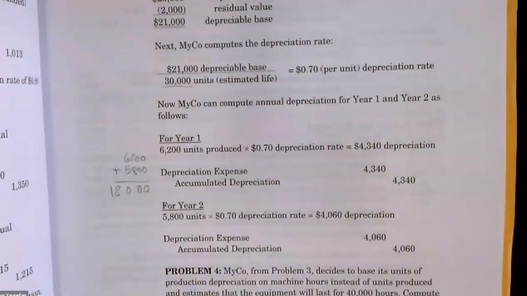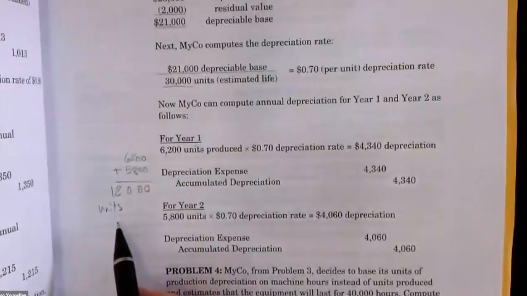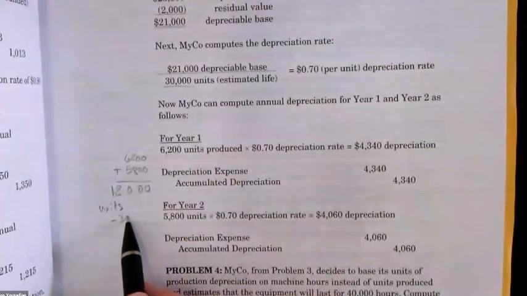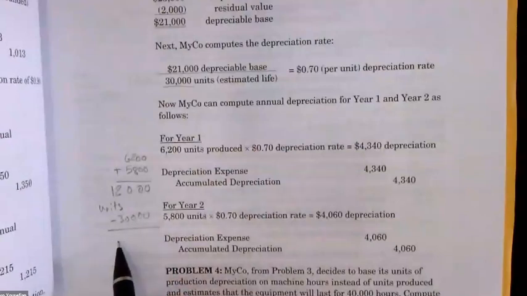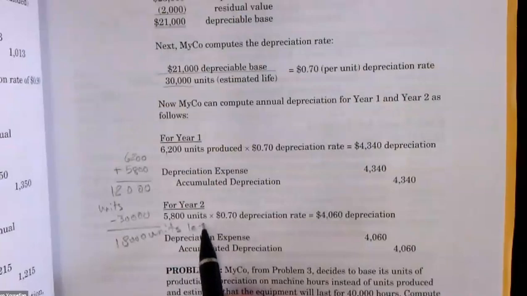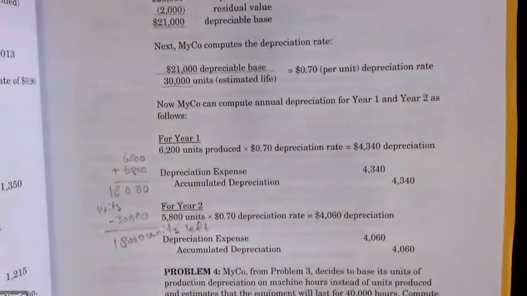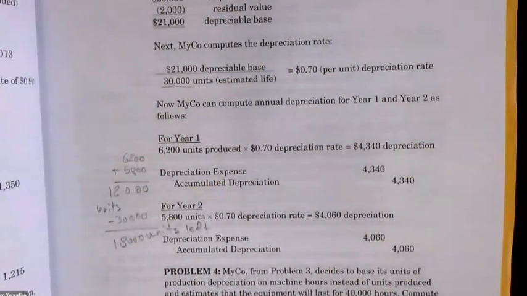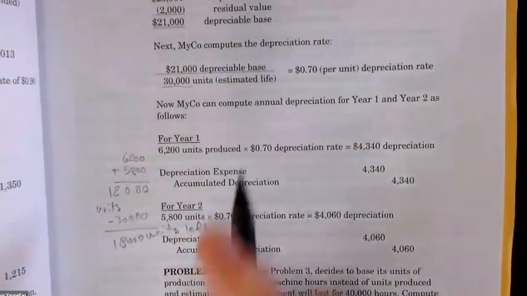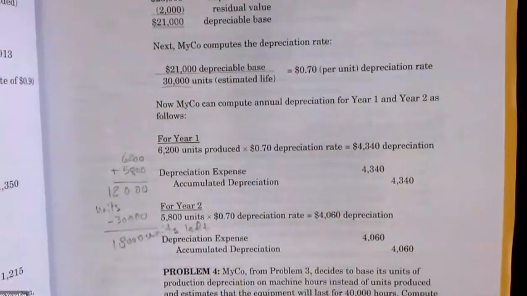And 30,000 minus 12,000 means you still have 18,000 units left to use for the calculation of depreciation. So make sure you do not go over 30,000 units and keep depreciating forever. Make sense? You can keep the equipment forever, but you cannot depreciate it forever.